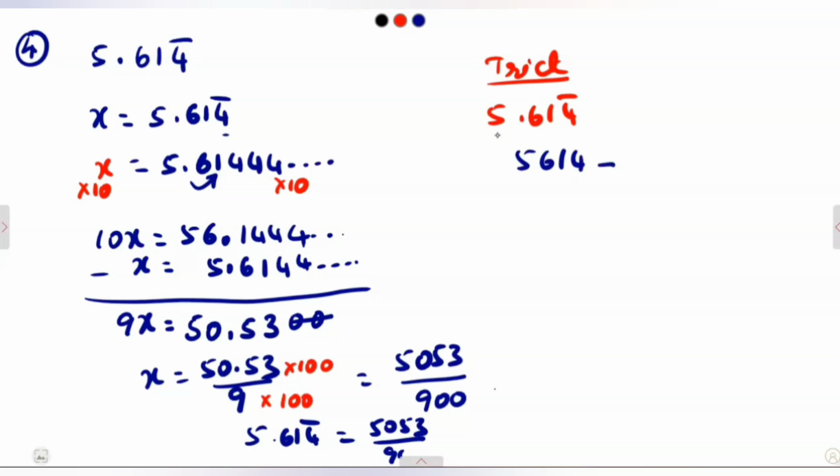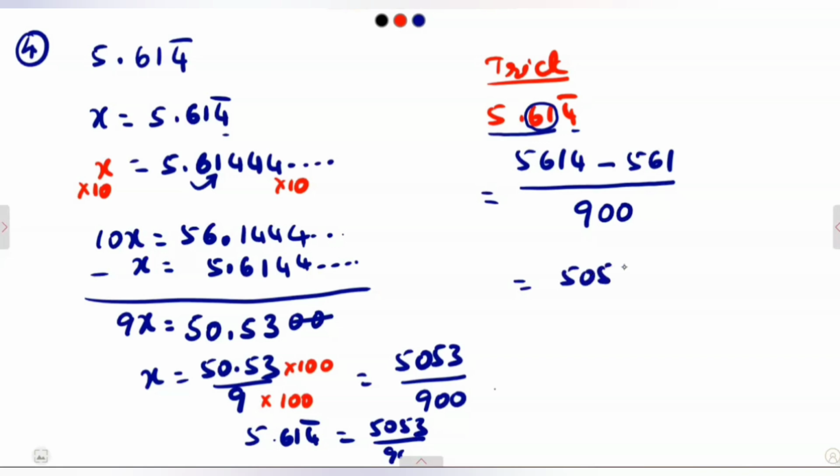Minus, you have to subtract the whole number without a bar, whatever digits are there, 561. For the denominator, take as many nines as digits repeating, and for the digits after the decimal that do not have a bar, take zeros. So the numerator 5614 minus 561 becomes 5053, and the denominator is 900. That's it. Which is the same answer as ours, right?